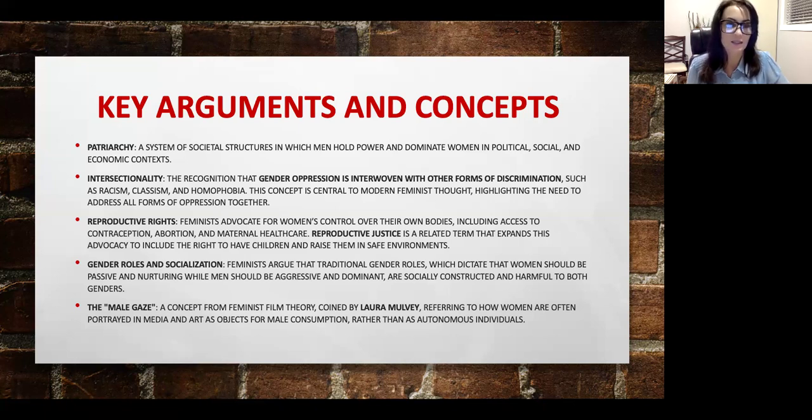The male gaze, a concept from feminist film theory coined by Laura Mulvey. It referred to how women are often portrayed in media and arts as objects for male consumption rather than as autonomous individuals.